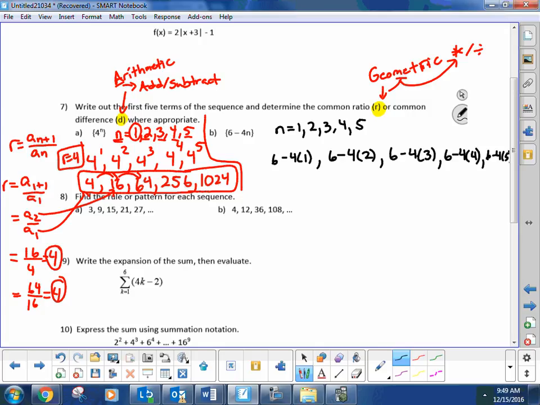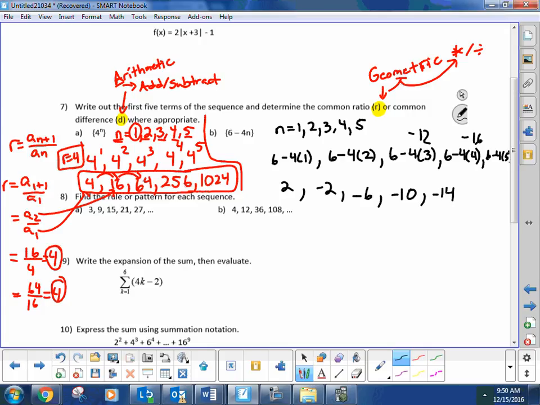And the solution comes out being that this is really just 2. This becomes negative 2. This is really negative 12, so negative 6. It comes out being negative 16, so negative 10. And this comes out being negative 20, so negative 14.